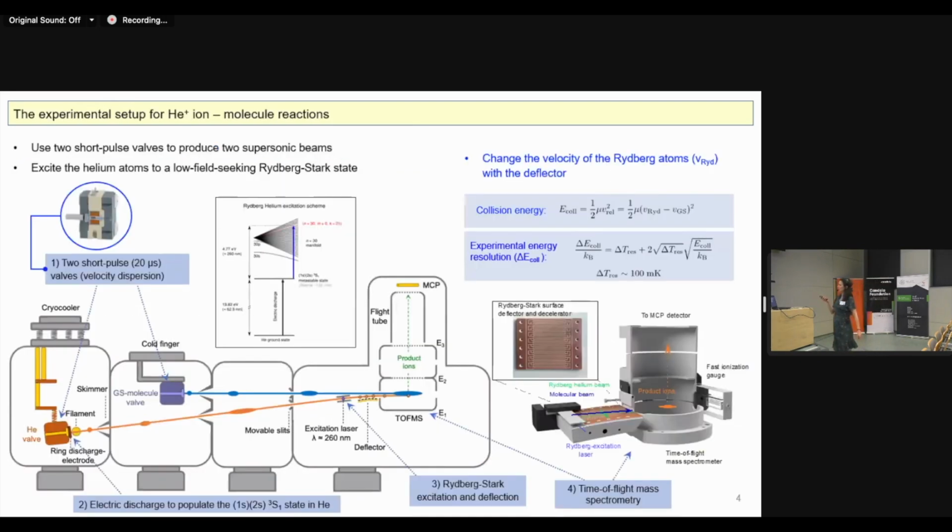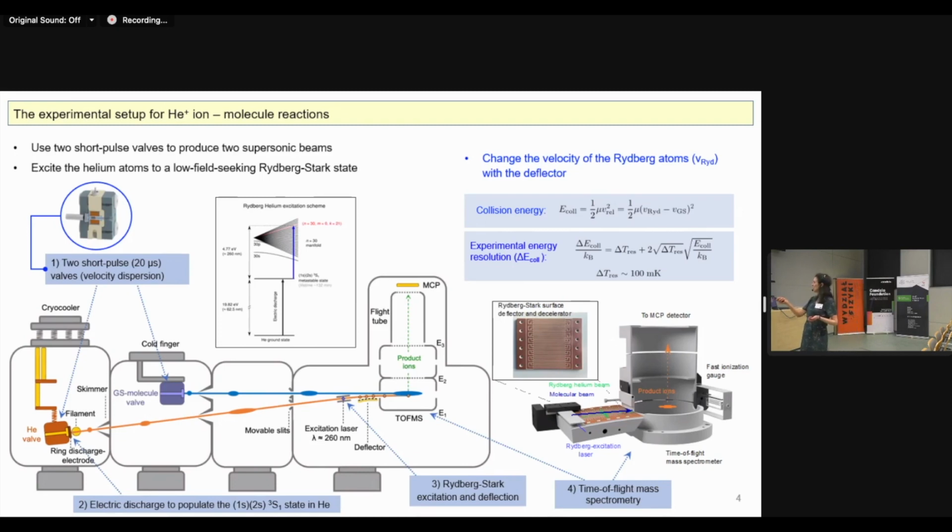Okay, so I already have a schematic of our setup. We have two supersonic beams, which are produced in these homemade, very short pulse valves, of which you can see a render in this setup. Our helium valve is cryo-cooled, and at its opening, we have a discharge in which the metastable 1s2s triplet state is populated.